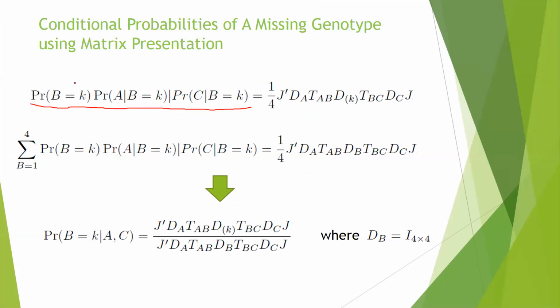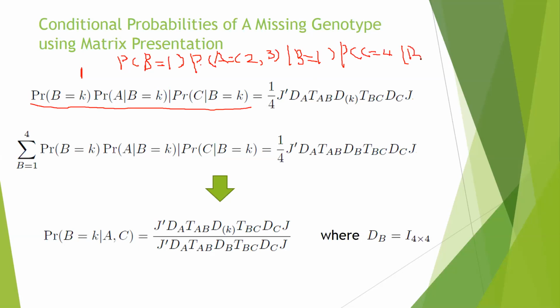This gives you the probability for just one genotype for B. For example, this gives you the probability that B equals 1, and if B equals 1, what's the probability that A equals 2 or 3 given B equals 1, and what's the probability that C equals 4 given B equals 1.